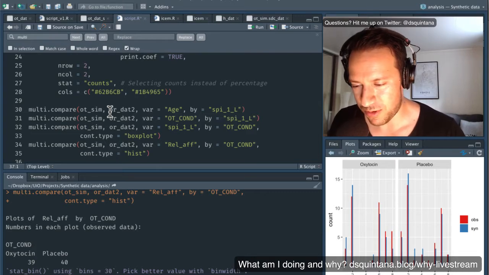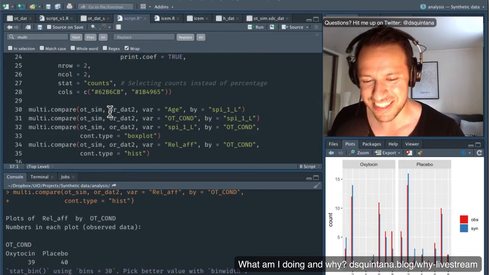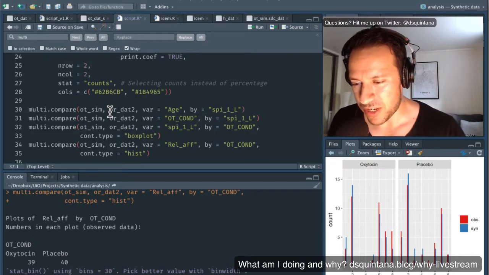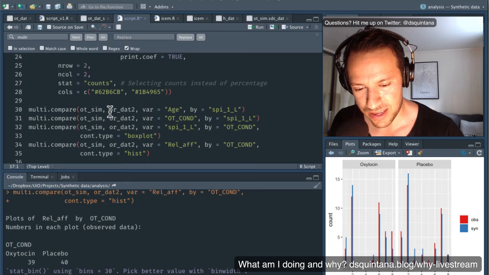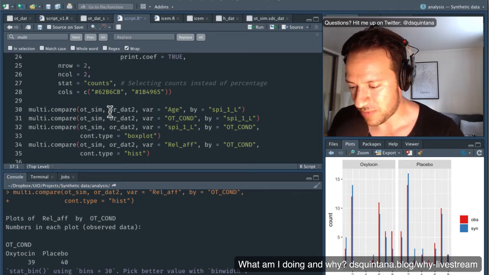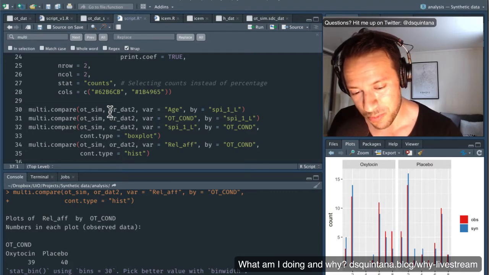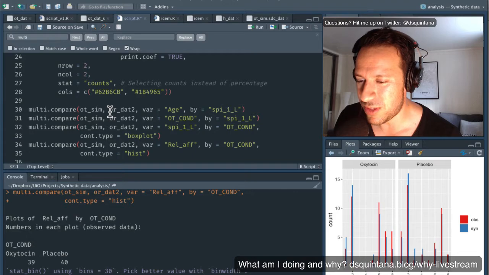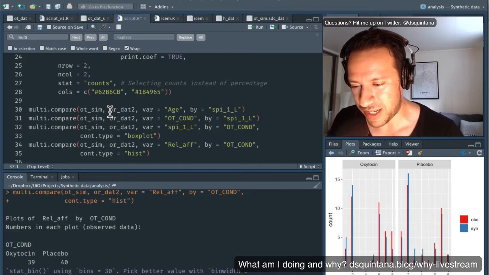But one of the things that you want to show with these synthetic datasets is that people can actually do exploratory analysis on the data, and because the variables have the same sort of relationships with each other within the synthetic datasets, or you'd hope they have the same relationships as the original data, when people are constructing novel models that you haven't looked at before, they closely reflect what you would find in the original data set.